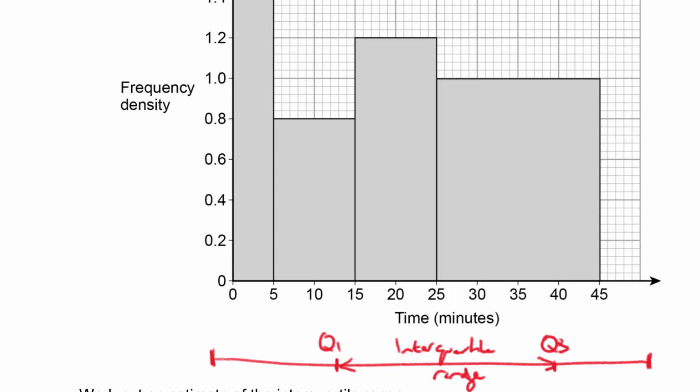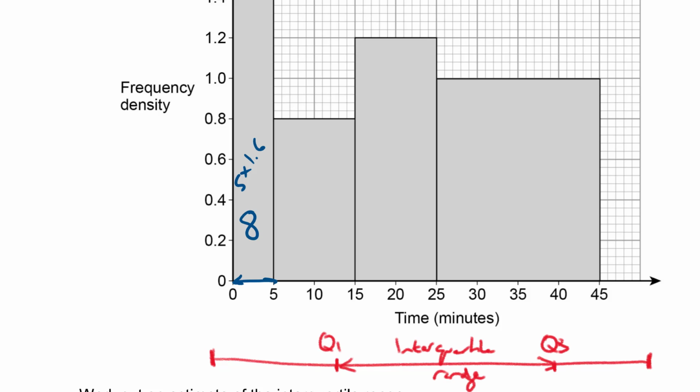If I take the first bar between 0 and 5, the area is the class width, 5, times the frequency density, 1.6. 5 times 1.6 gives me 8. So that bar represents 8 people: person number 1, 2, 3, 4, 5, 6, 7, 8 are in that bar.